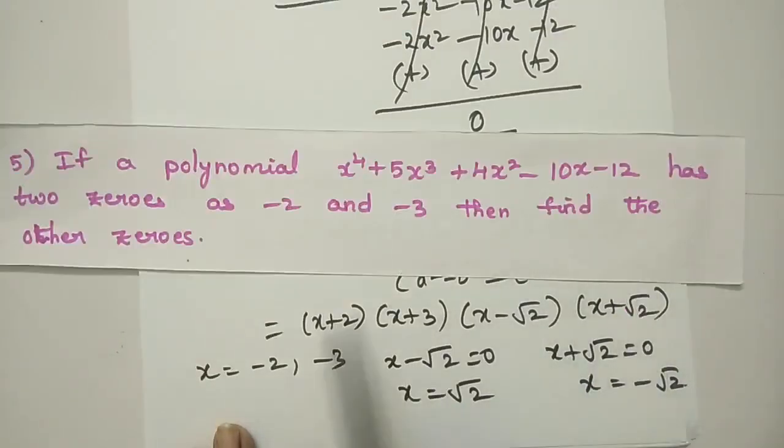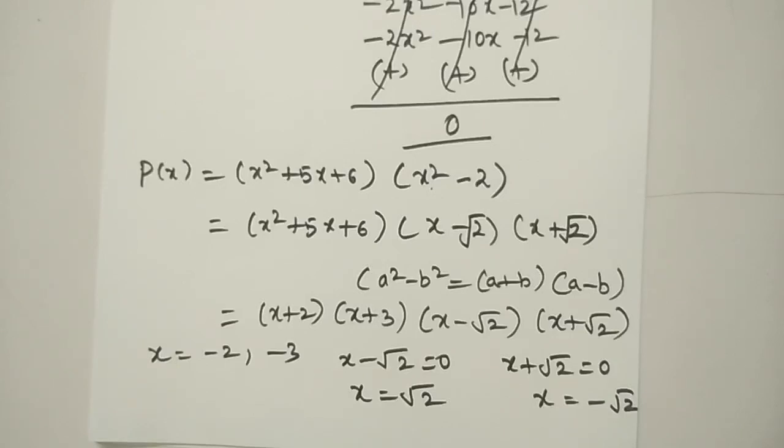So the other zeros which they asked to find are x is equal to square root of 2 and x is equal to minus square root of 2. Hope you understand the 5 problems in this video.